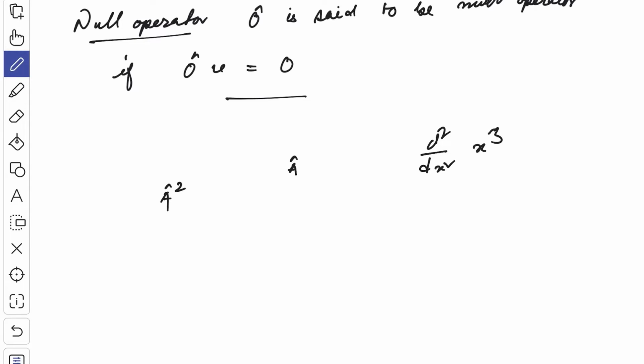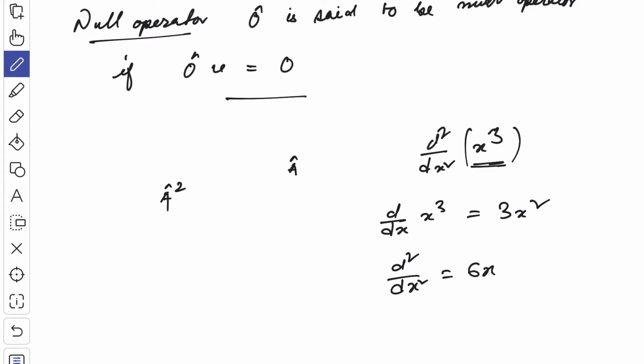That means we operate on this function with this operator twice. If you differentiate it once, you will get 3x square. Then if you differentiate it again, it will be 6x.